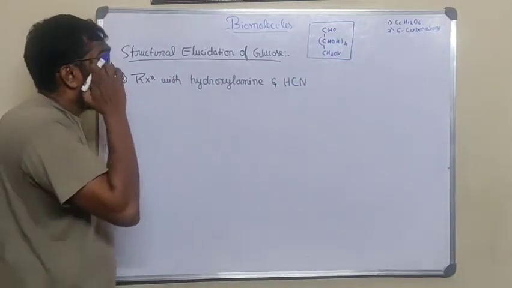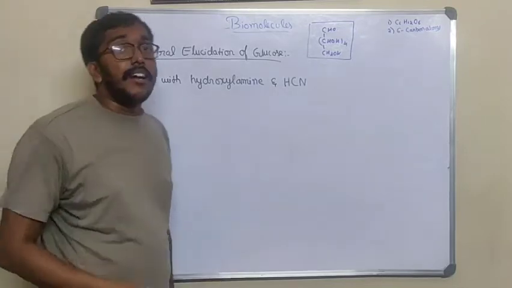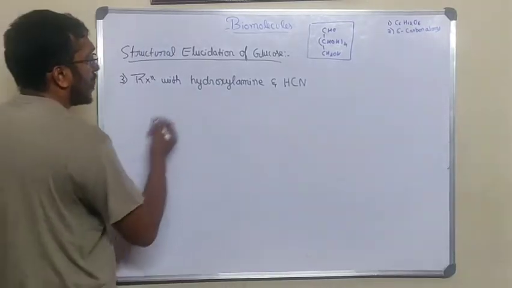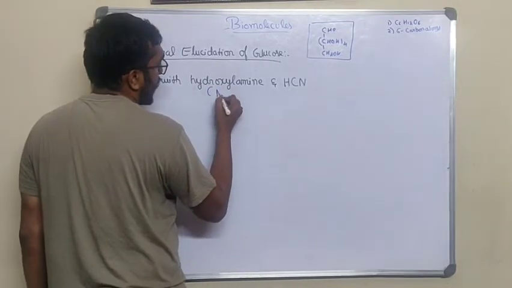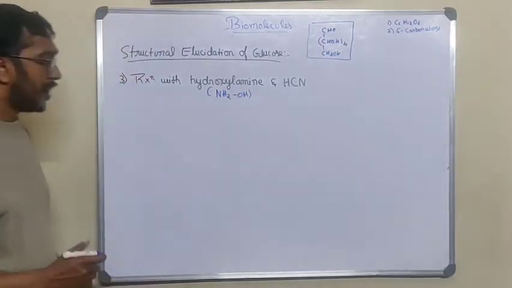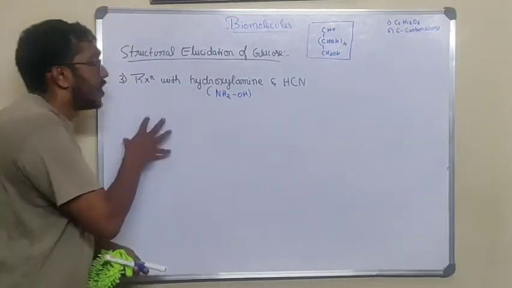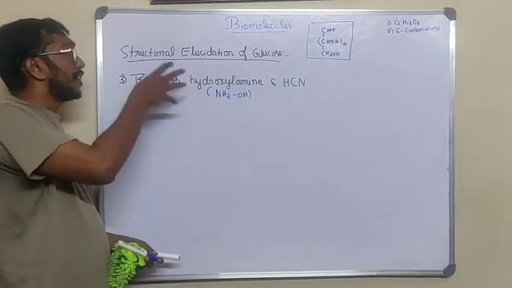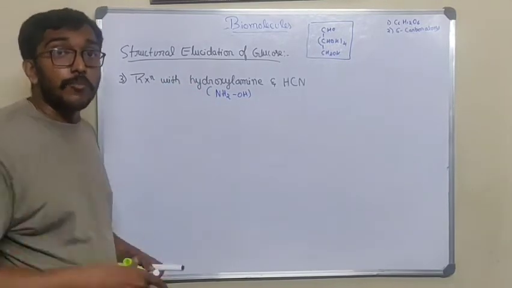So reaction with hydroxylamine and HCl. Hydroxylamine means NH2OH. What happens now? When glucose is treated with hydroxylamine, what product are we going to get?